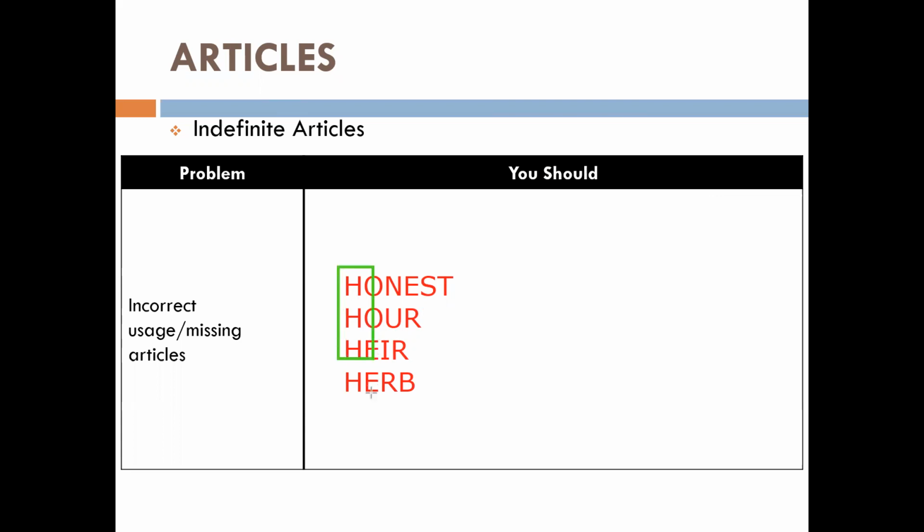Even though they begin with letter H, we are still going to use the article an. Okay? Kahit na po sa consonant po siya nag-start, an honest, an hour, an air, an herb. He is an honest man. I'll see you in an hour. He is an heir to the throne, and we need an herb to make this dish flavorful.